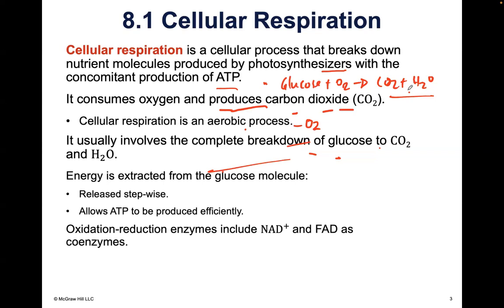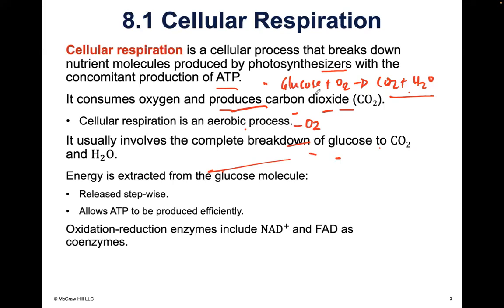It happens in stages, in almost 10 steps before energy is taken out. So it allows ATP to be produced efficiently through this process of respiration.